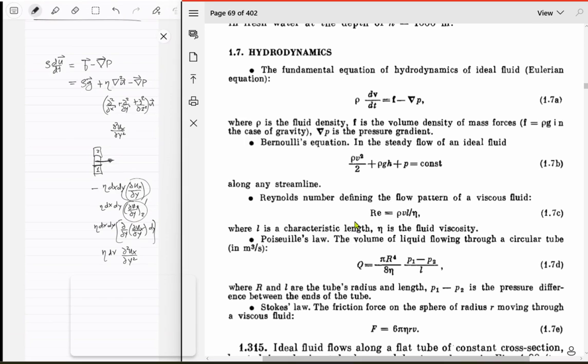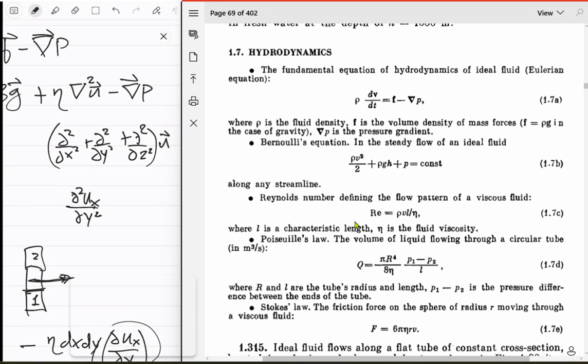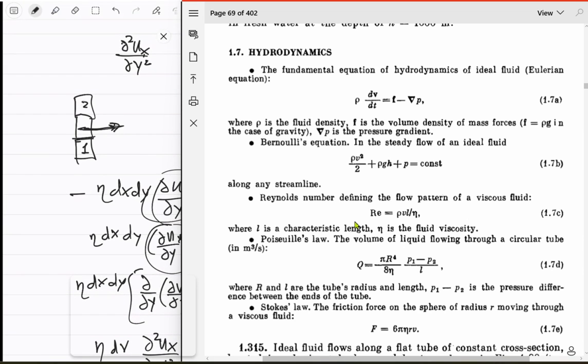And if you want to see why this term is the way it is, like why the viscous force is just eta del squared u vector, I don't have a good explanation for this. The reason is that the partial squared ux upon partial x squared term can't be explained the way other terms can be. Other terms can be explained by just considering what happens as you move along y and along all other directions, right?